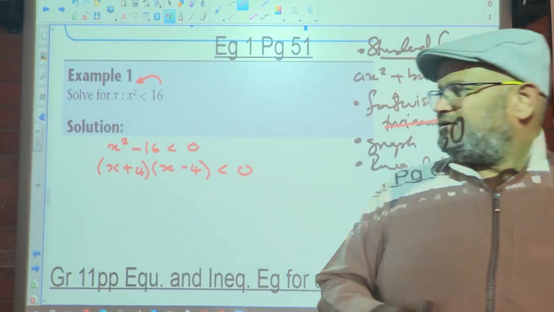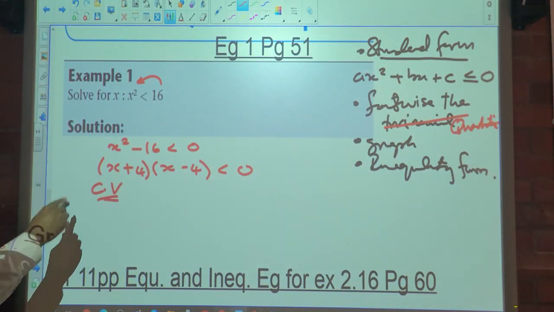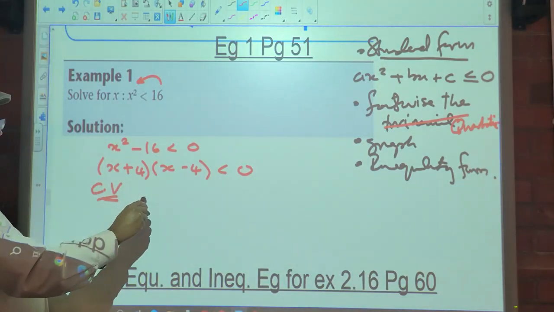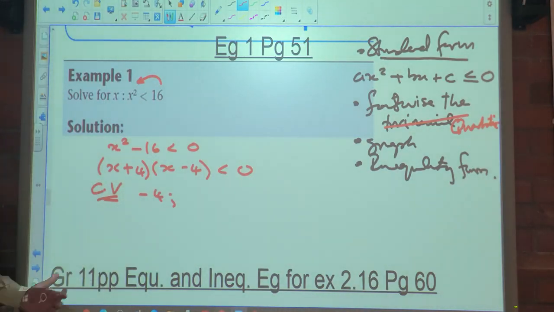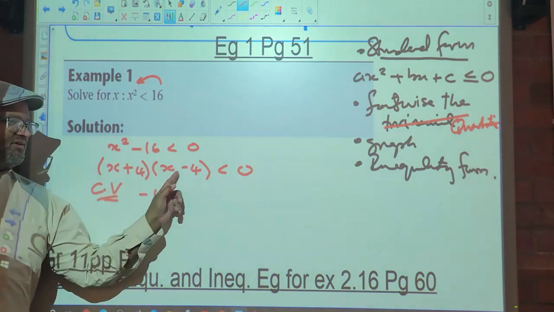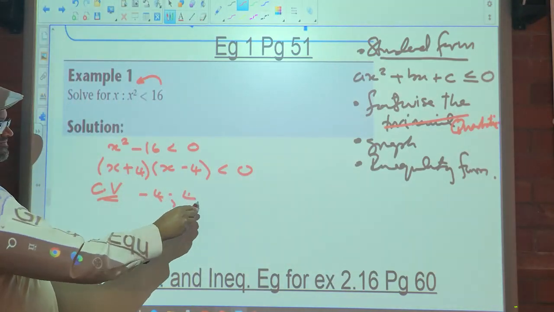You guys understand? So the critical value of this graph, where does this change from positive to negative? At -4. It's like I'm solving for x here. Can you see that? When does this change from positive to negative? At positive 4.